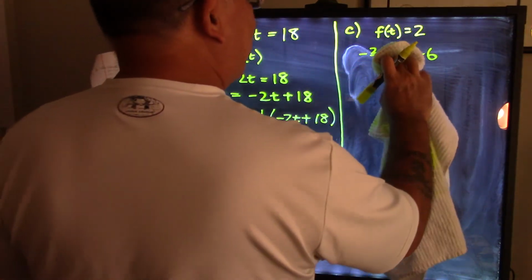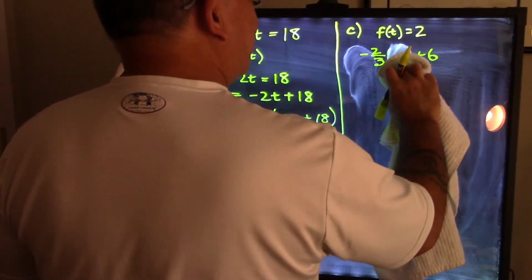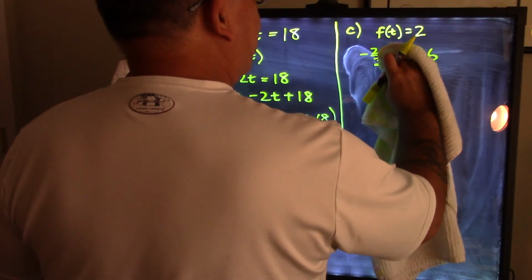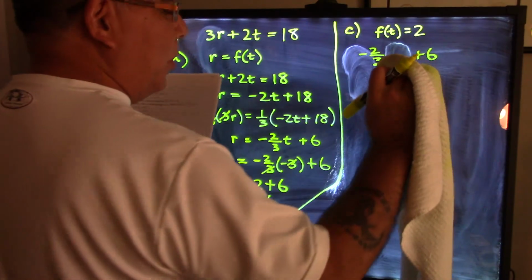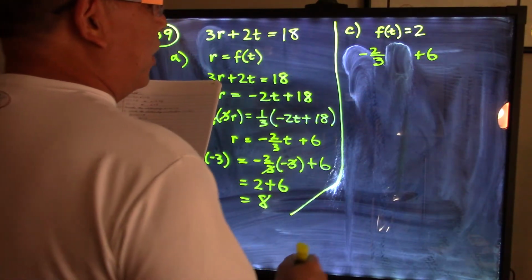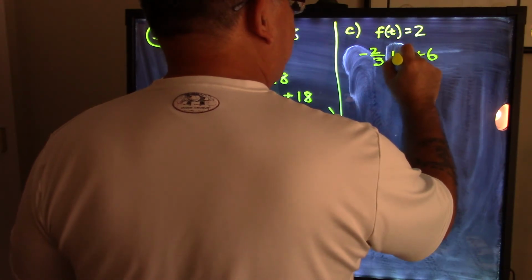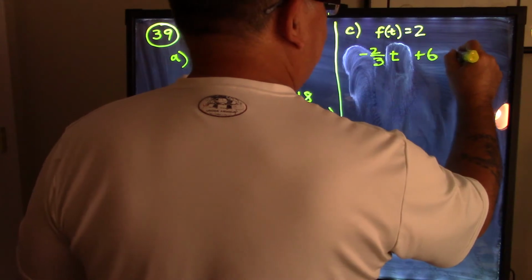Thinking ahead, that's what gets me in trouble when I'm doing board work. I think ahead as to what I have to do next, and then I put down what I'm thinking about. I was thinking of putting equals 2, and then I put the 2 inside of there. Okay, sorry about that. That's f of t is negative 2/3 t plus 6, and set that equal to 2. There we go.